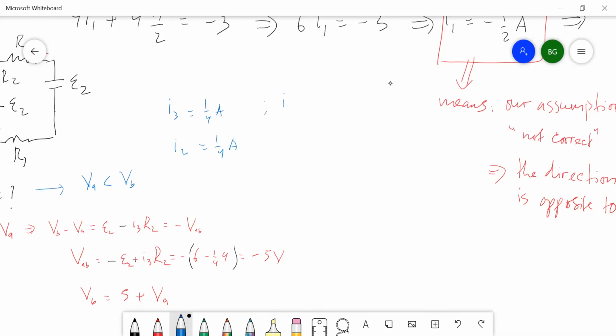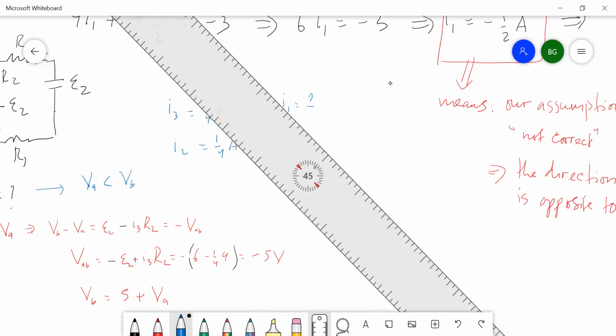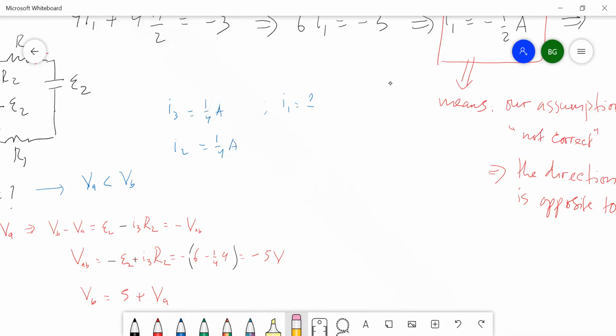I1 is a half. I already took this, everything is positive.